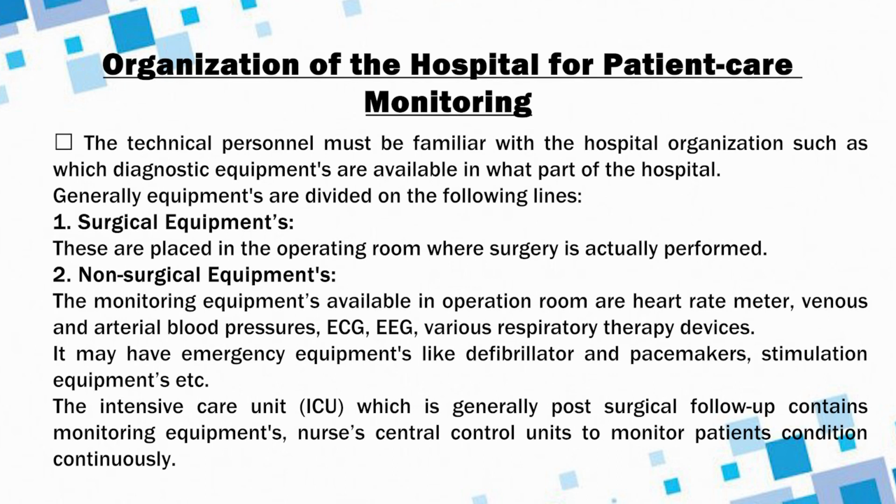Second, non-surgical equipments. The monitoring equipments available in the operation room are heart rate meter, venous and arterial blood pressures, ECG, EEG, various respiratory therapy devices. It may have emergency equipments like defibrillator and pacemakers and stimulation equipments, etc.